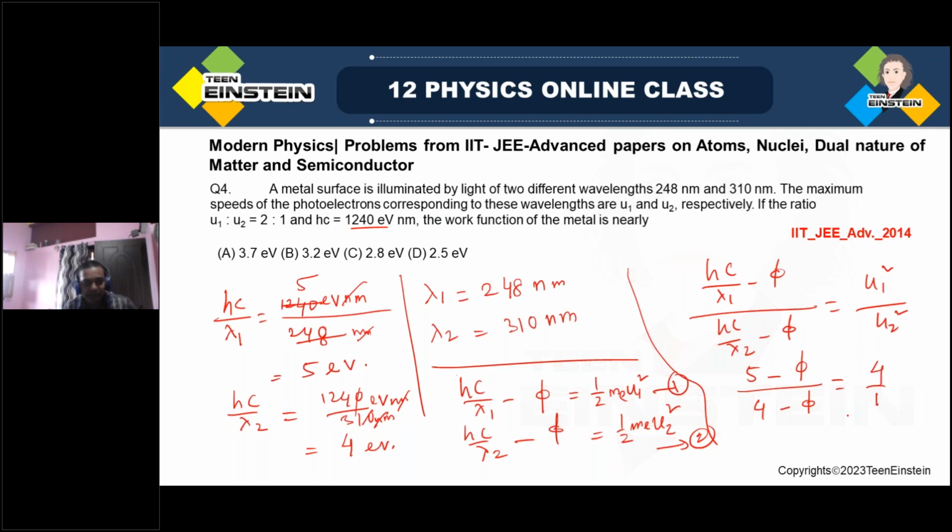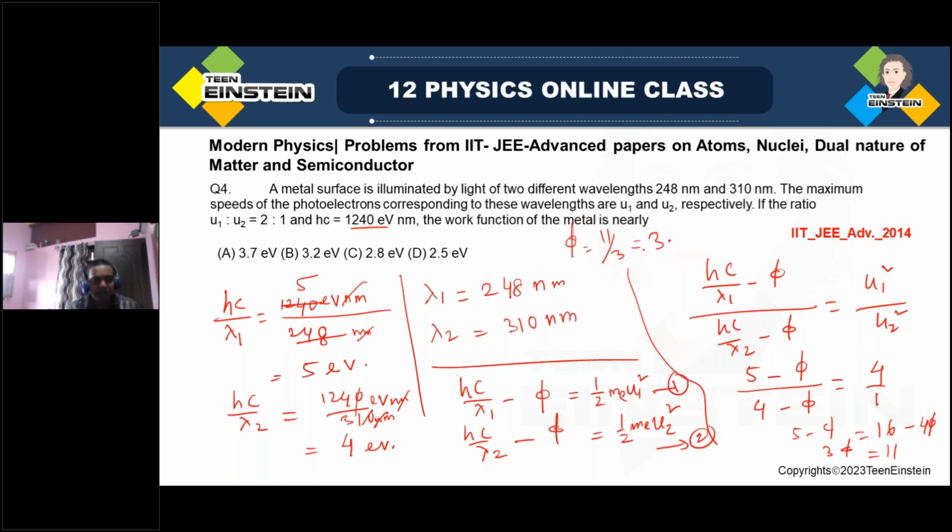So I can just multiply. 5 minus phi is 16 minus 4 phi. Okay, so look, this will be 3 phi is equal to 11. So phi will be equal to 11 by 3.